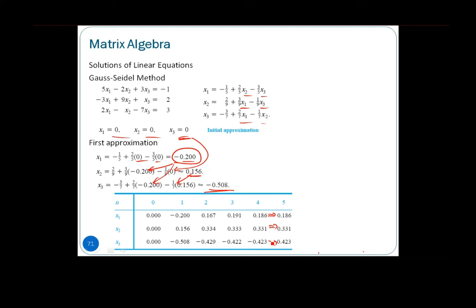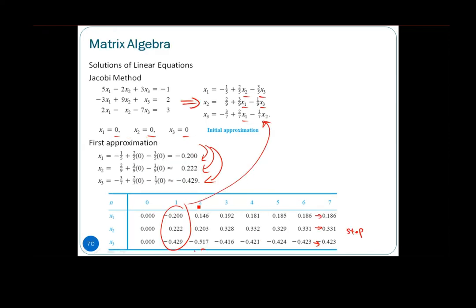In this case, you can see that at the zeroth iteration, all are the same, even Jacobi. But when you do the first iteration, the only same value is your x1.